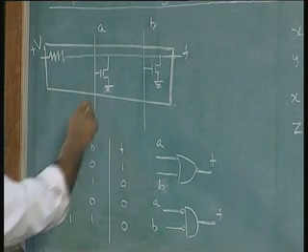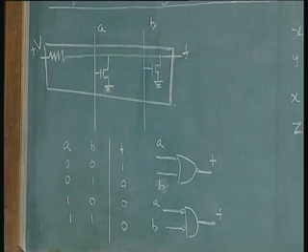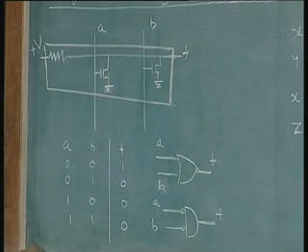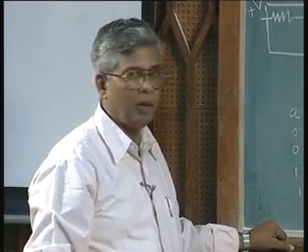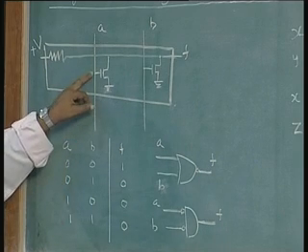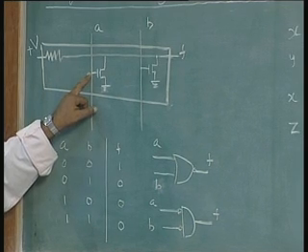Now, these switches are nothing but N channel MOSFETs. An N channel MOSFET will conduct when the gate voltage is high, and will be cut off when the gate voltage is low.